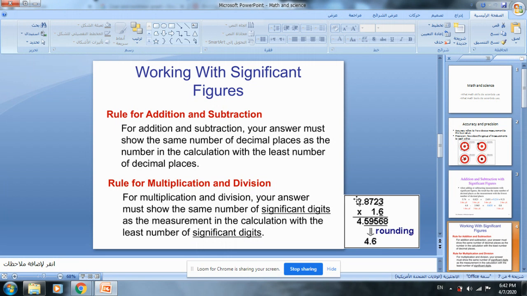How? Here we have one, two, three, four, five significant figures, but here we have one, two significant figures. So if you multiply them using your calculator, you will get this answer. But your answer should have only two significant figures.